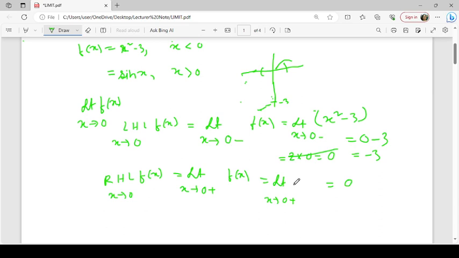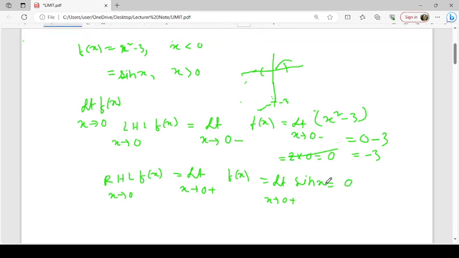So here you write sine of x. So sine of x, when x tends to 0, the value is 0. So for the right neighborhood, x is approaching this point, f(x) is approaching this point, and in the left neighborhood, this is approaching -3.